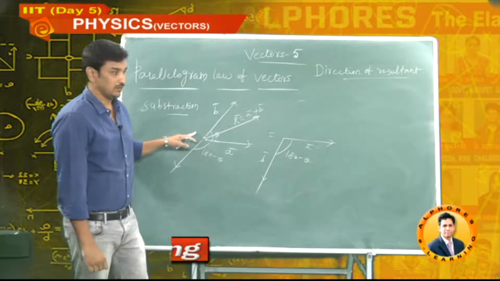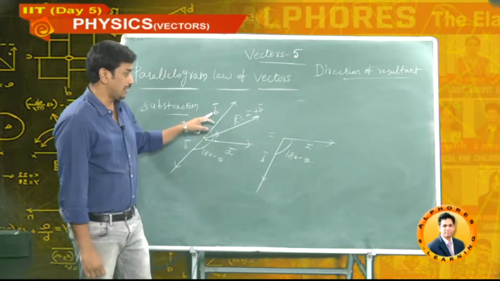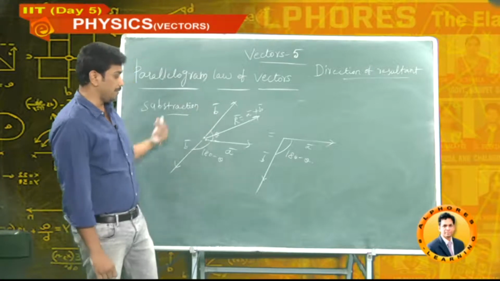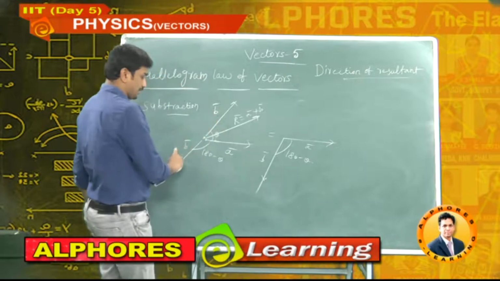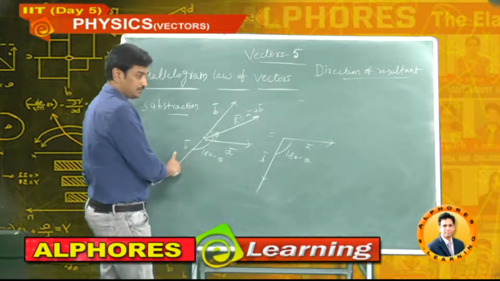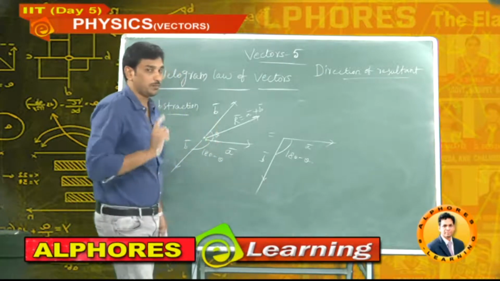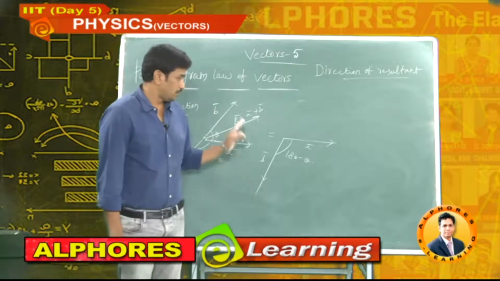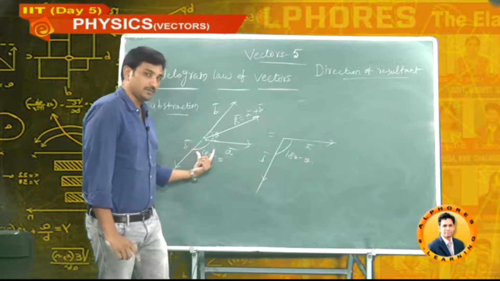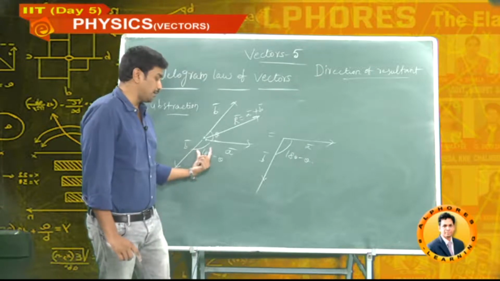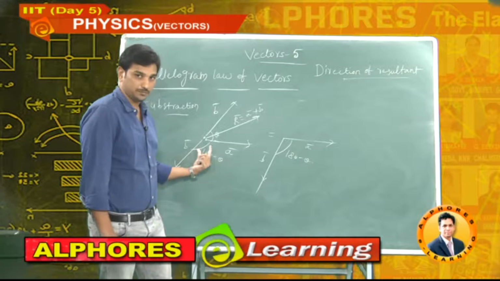Previously I had B bar, this one. Now it turned back. So the negative vector is minus B bar. Here is one simple point you should remember. B bar, if you are writing minus B bar, don't show it. The angle between A bar and minus B bar is not theta.